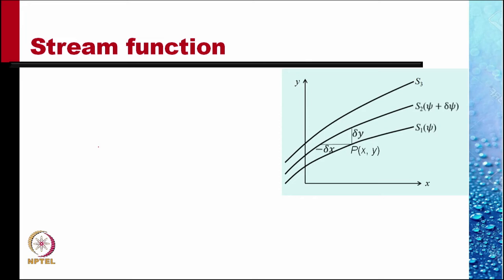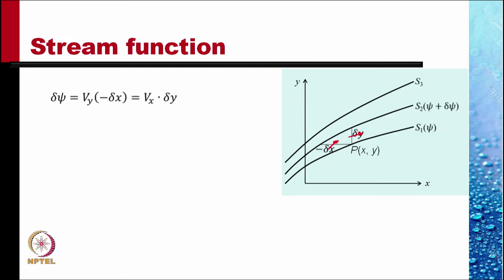The volume flow rate across this must be the same as the volume flow rate across this. And this volume flow rate must be d psi because the value of the stream function associated with S2 is psi plus d psi. So d psi is the volume that flows between the two.